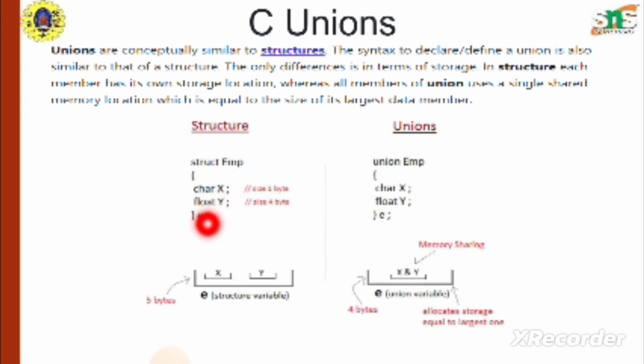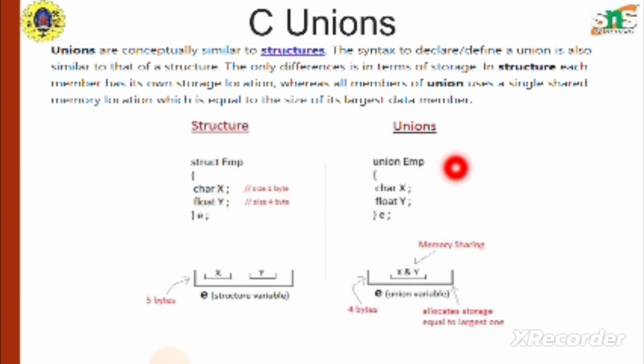Then float y is going to occupy a separate memory location of size 4 bytes, which is only meant for this y variable. Okay, so this is the structure, and E is the structure variable. So totally, structure employee is going to hold 5 bytes of memory.